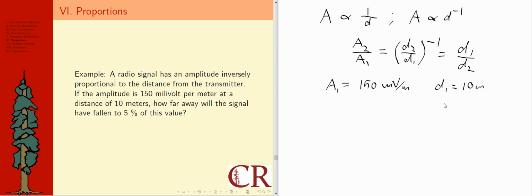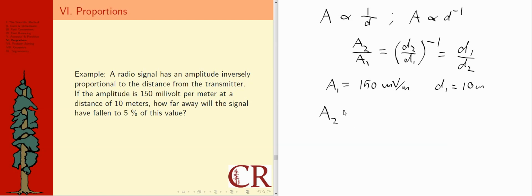Now, we've got an A1 and a D1 here. Are we given values for 2? My answer is maybe not, because I'm just given this question of how far away would the signal have fallen to 5% of this value. But the way I would interpret that is that A2, the second amplitude, is the reduced amplitude.